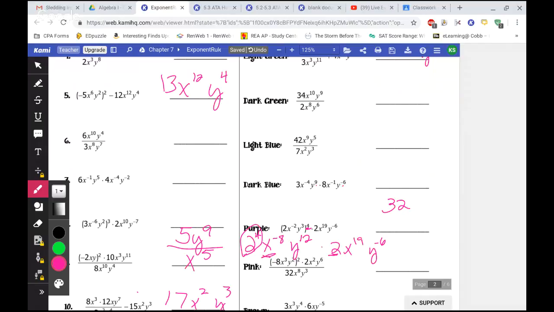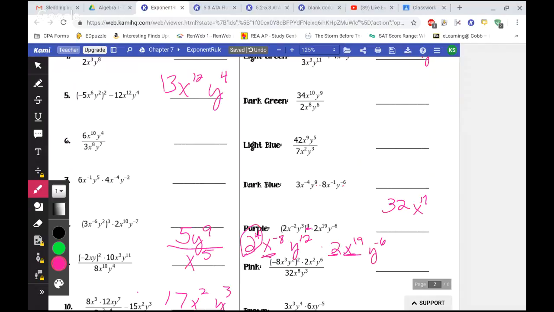And then negative 8 combined with a 19 is what? 11. Good job.